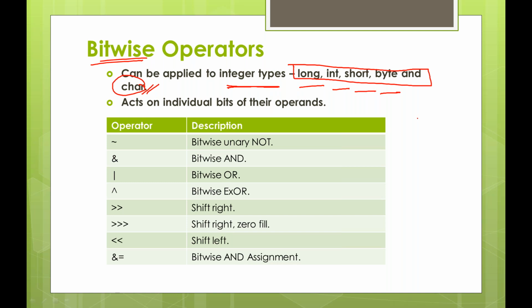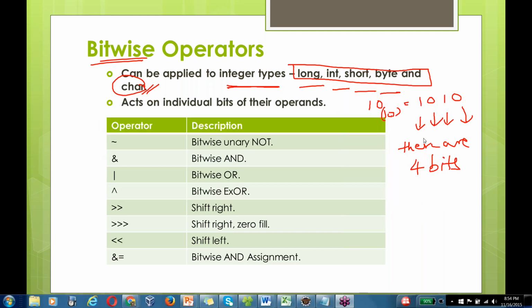Say for example I have decimal 10. It can be represented as 1010. This is 1 bit, this is 1 bit, this is 1 bit, and this is 1 bit. So there are 4 bits, right?